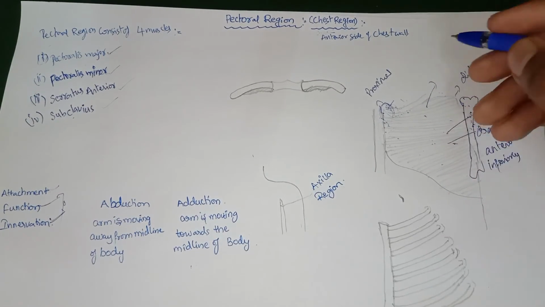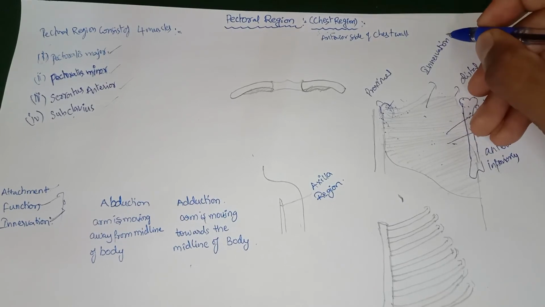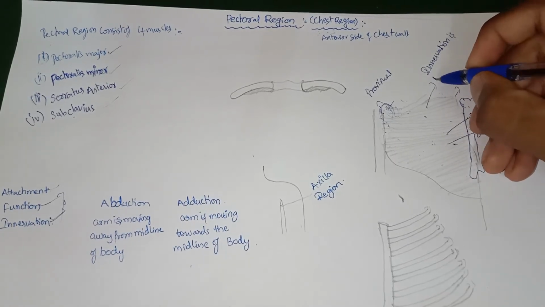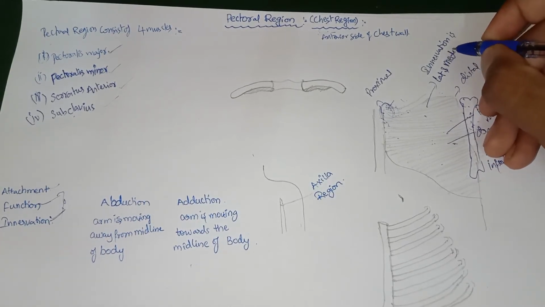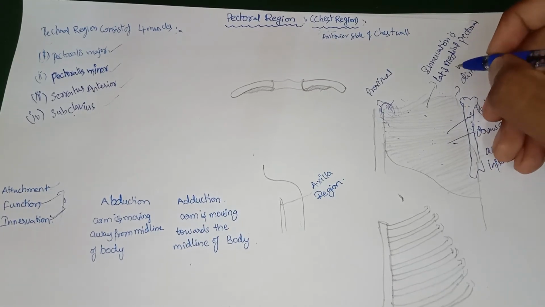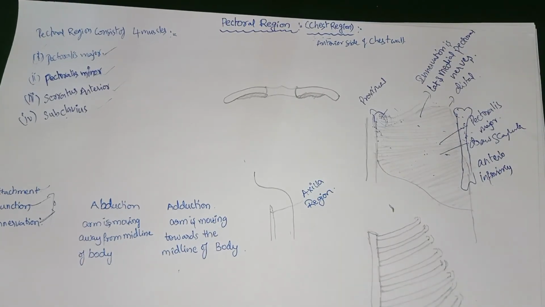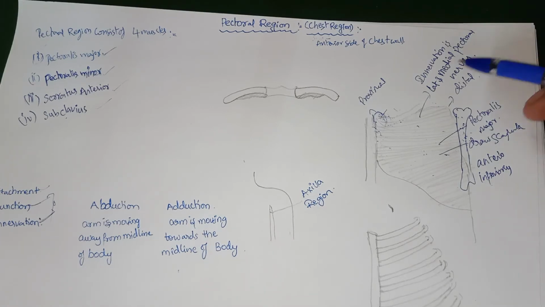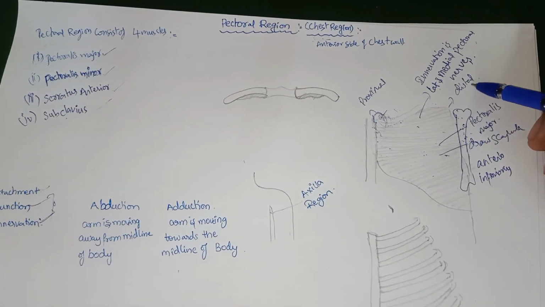There are two nerves that innervate it: the lateral pectoral nerve and the medial pectoral nerve.